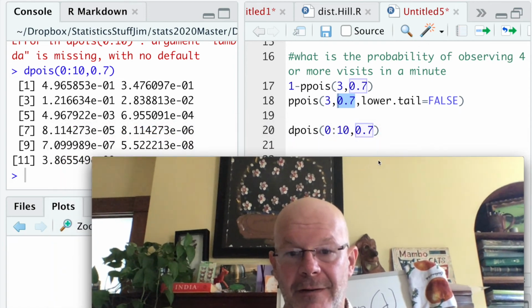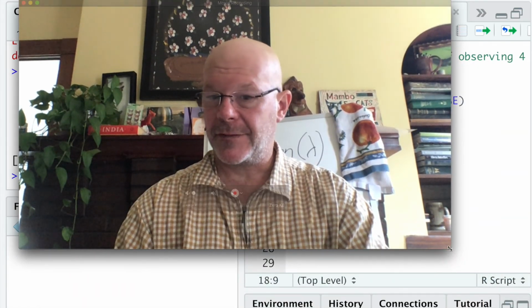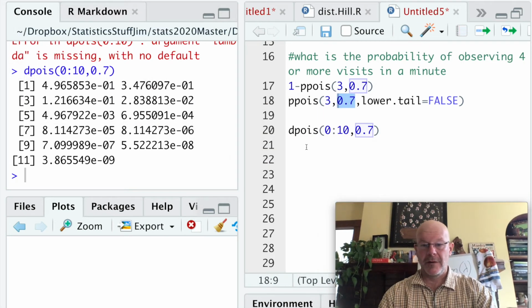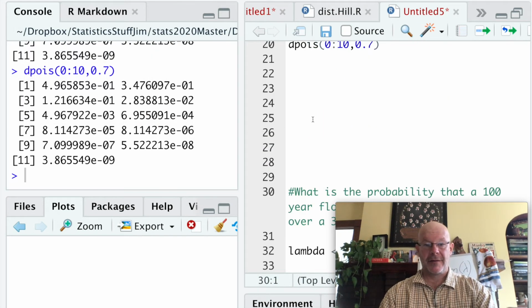However, if we were to look at the probabilities, this is the probability of seeing 0, this is the probability of seeing 1. So it's actually, even though the rate parameter is 0.7, more likely that you're going to see 0 individuals than you're going to see 1 individual.